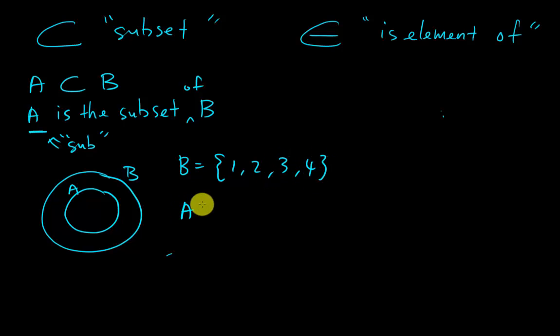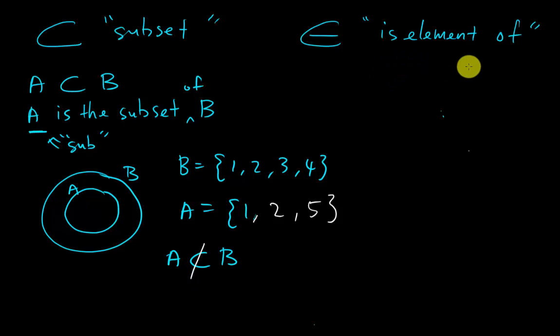If A is 1 and 3 only, then I can say A is a subset of B. However, if A is 1, 2, 5, that means 5 is not inside B, right? So I cannot say A is a subset of B. I can say A is not a subset of B.